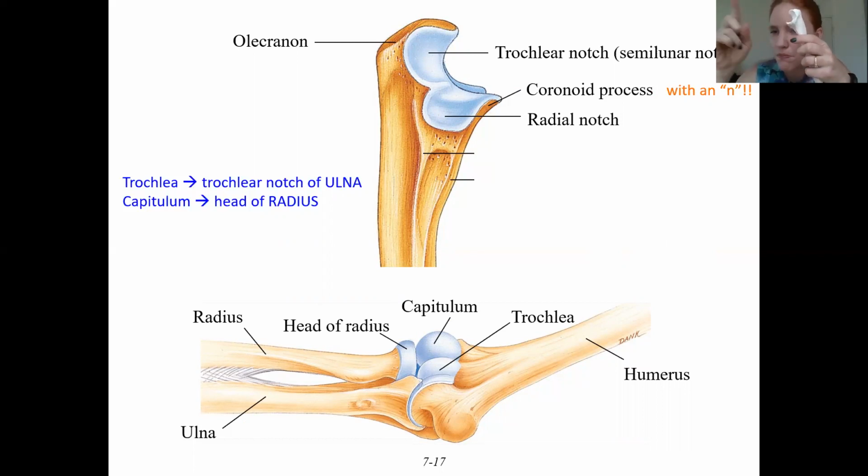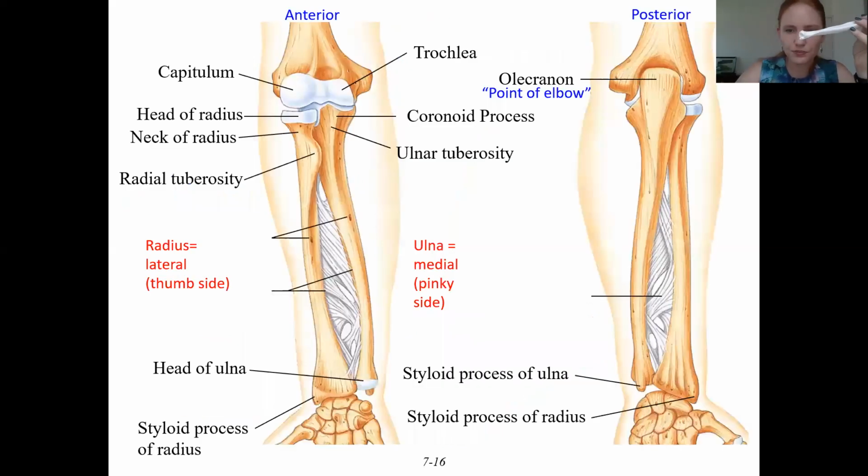So here is the trochlear notch. Here is the olecranon. So trochlear notch, olecranon, and then coronoid process. All of this would be on the proximal end of the ulna. On the distal end of the ulna, you're going to see that styloid process there. Again, that's a sharp projection coming off of it.